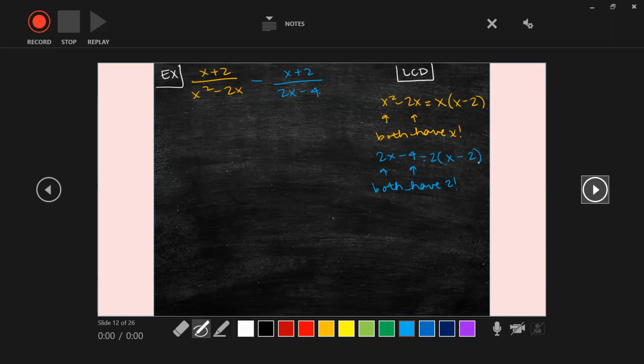Okay, so it looks like if we make our little houses and we have x squared minus 2x, and I put off from the side, we have a factor of x, we have a factor of x minus 2. And if I look at 2x minus 4 in the little house, where I pull out a factor of 2, a factor of x minus 2, what is going to be my LCD?